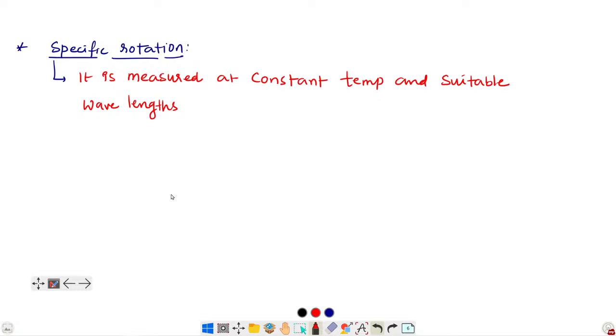So we can express it mathematically like this.